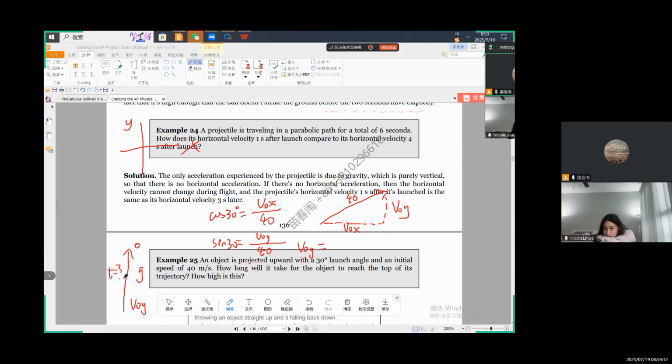What's V0y then? 0.0125. Wait, isn't V0y 40 times sine 30 degrees? Oops, I accidentally clicked divide. And I turned it to degree mode. Yes, this is 20, right?